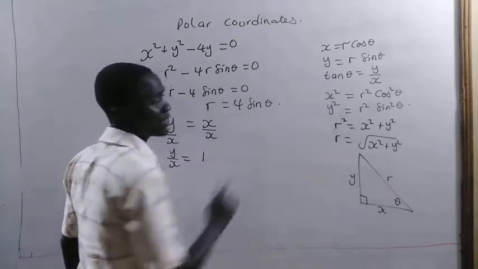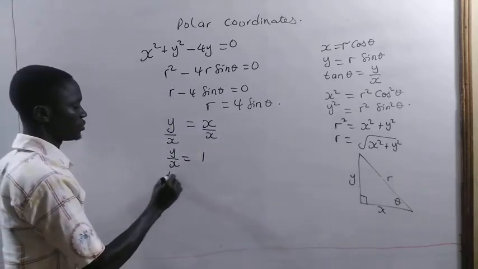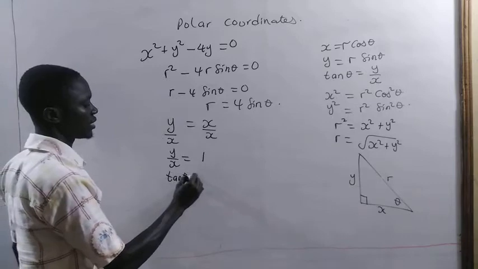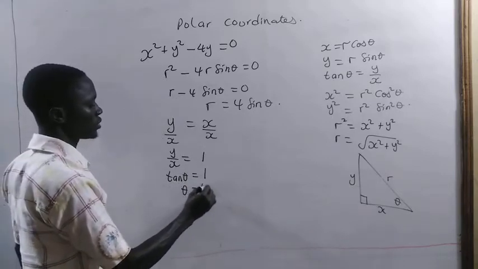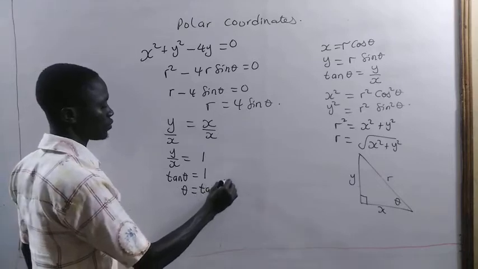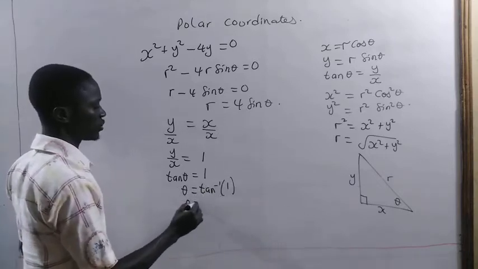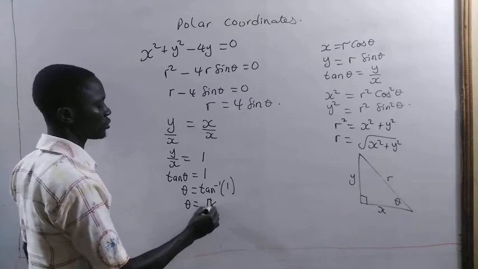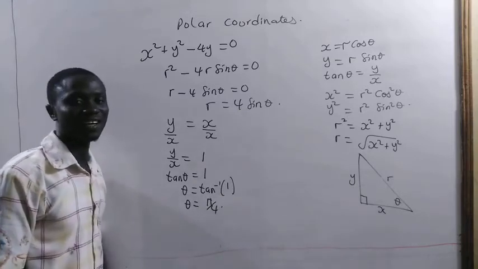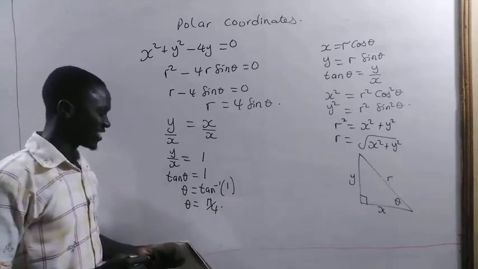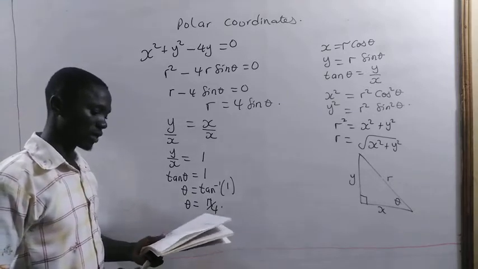It is tangent of theta. So we have tangent of theta equal to 1, and we have theta equal to the inverse tangent of 1. And we have theta equal to pi over 4. Very, very simple, huh? Now let's move on to the next one.